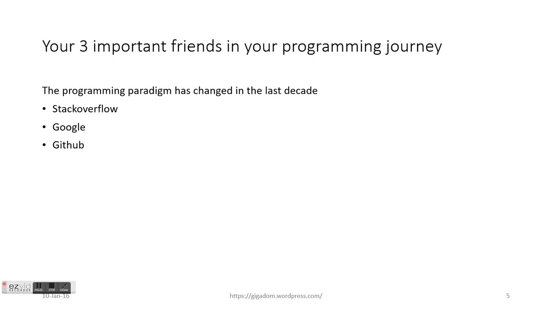In addition, you have sites like Stack Overflow, in which almost all types of questions have been asked in almost all languages, and you're very likely to find the answer to a question or type of programming construct on Stack Overflow. And a third important friend you would need to make in programming is GitHub. So let's get started.